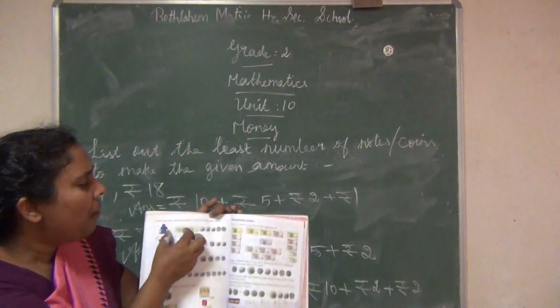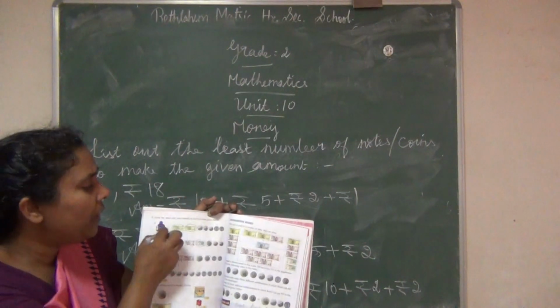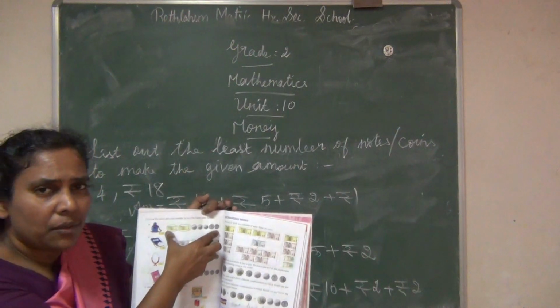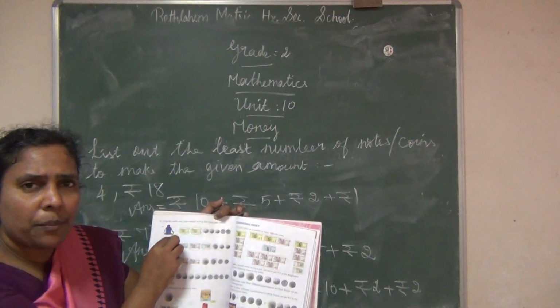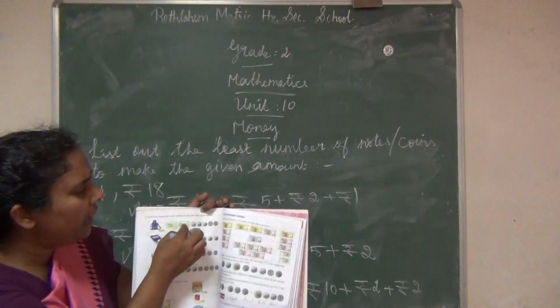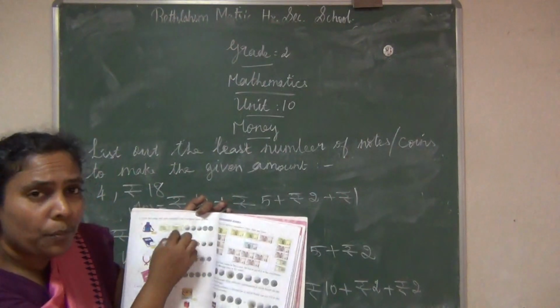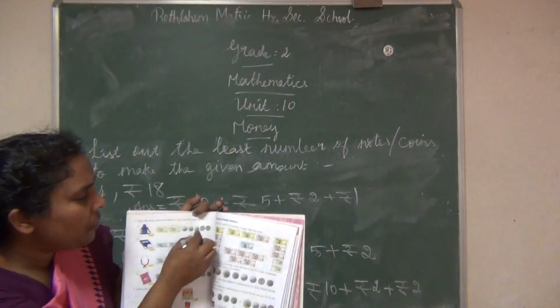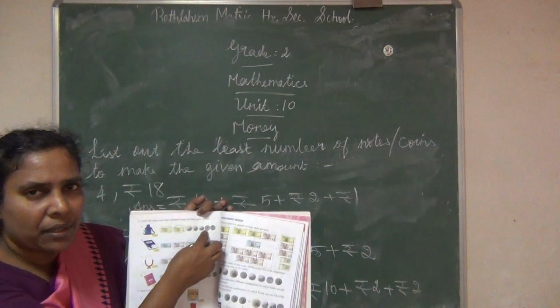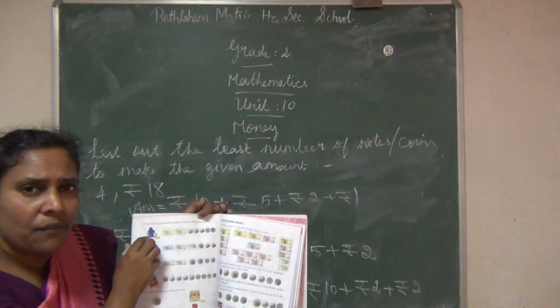We want to mark the rupee notes and coins that are given near the question. So for 45 rupees, what are the rupee notes we need? We need 20 rupee, 20 rupee, then 40. Again, 2 rupee coins. So 2 times 2 rupee and here 1 rupee. You should circle the corresponding value.